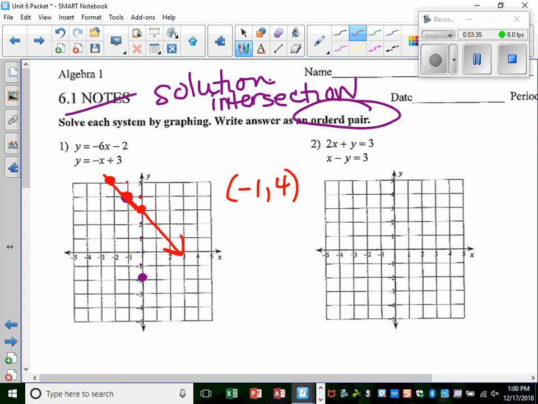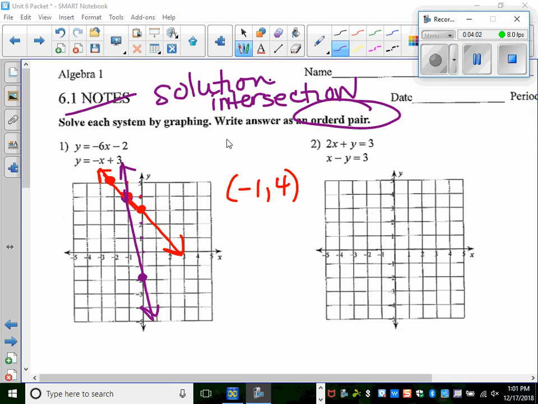Like I said, this part isn't completely new because you already know how to graph linear equations. It's just graphing 2 on the same coordinate plane and telling me where the 2 lines intersect one another. Sometimes they will already be in slope-intercept form for you, and sometimes they will not. Again, we already know how to solve for y.